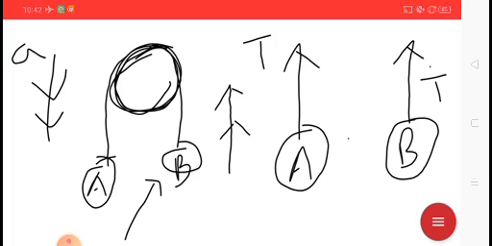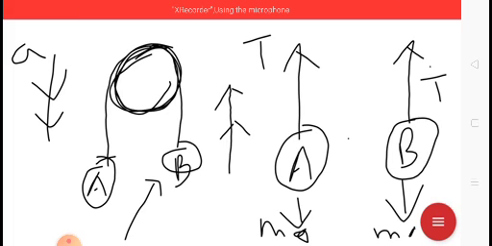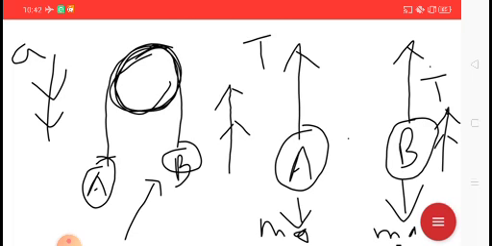Then there is mg, where this m belongs to A and the other m belongs to B. Following the direction of movement, you have T going up and a going up on one side, and on the other side you have a going down. So you analyze the pulley this way. Once you have separated these two items, you are able to form the net force equation for both items.